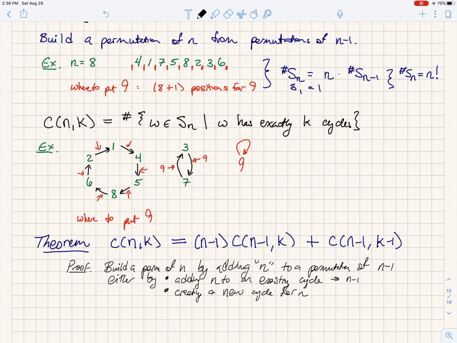And there are n minus 1 ways to do the first, and here there's one way to do it. And now tracking the number of cycles gives us our end result.